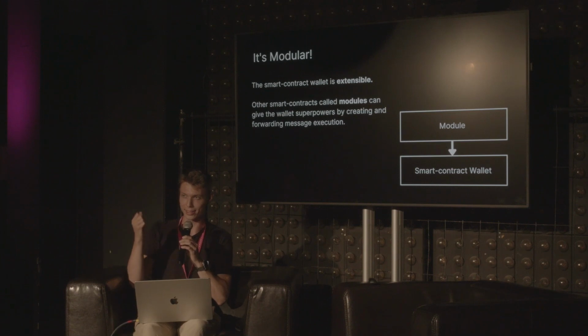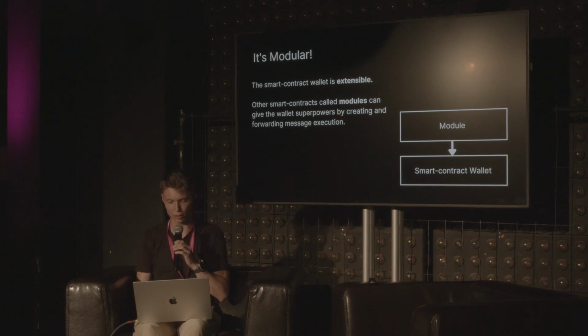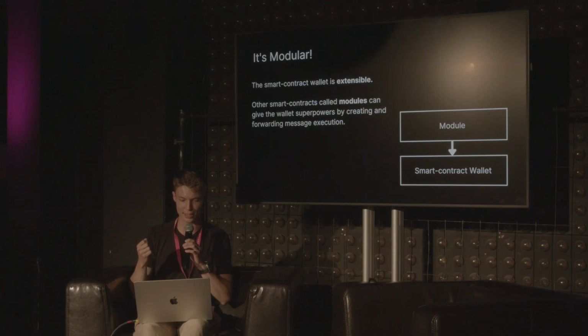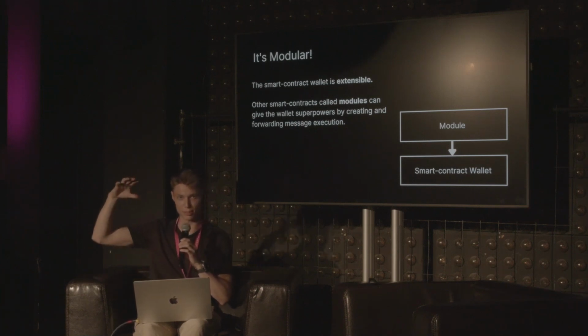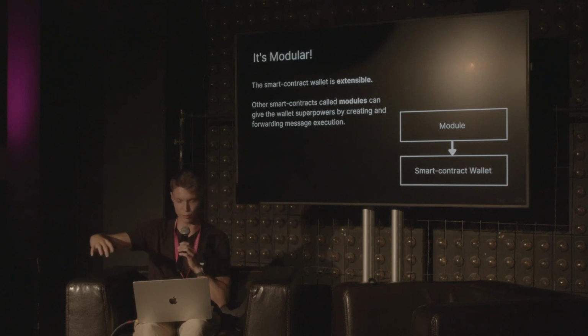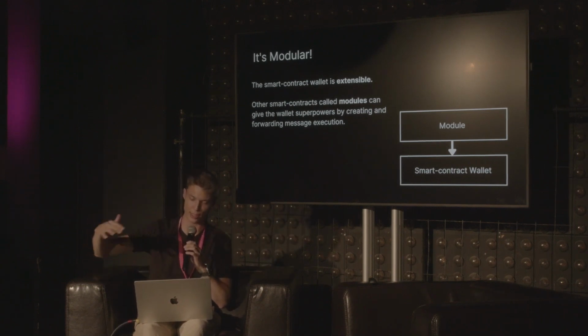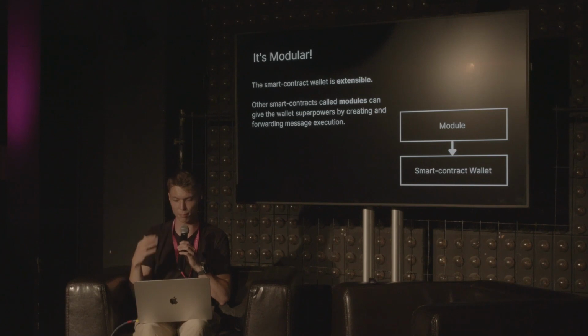So we added the ability to install a module, so a different smart contract, on top of the smart contract wallet, which makes the wallet extensible. And it gives the smart contract wallet superpowers because this module is able to construct messages and then forward them to the smart contract wallet, which then executes them. So we can start programming logic around the smart contract wallet.